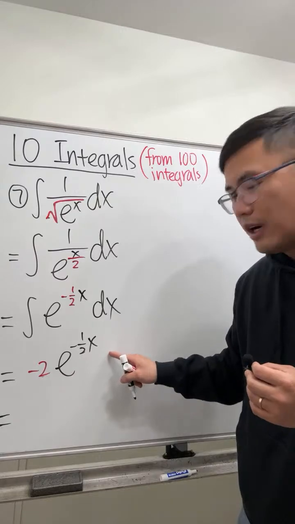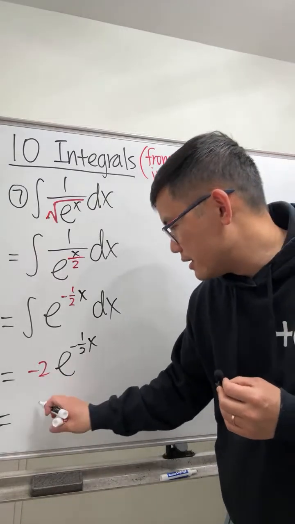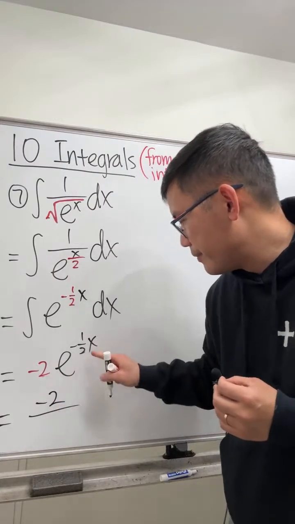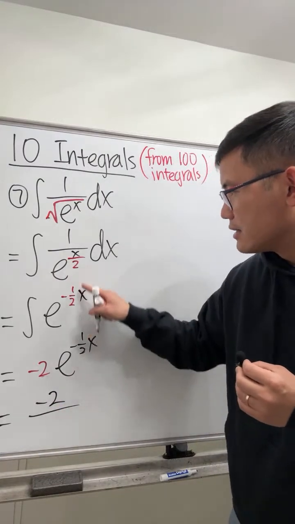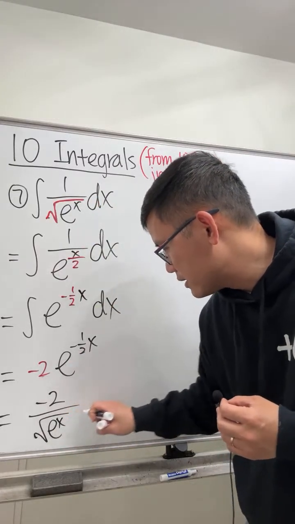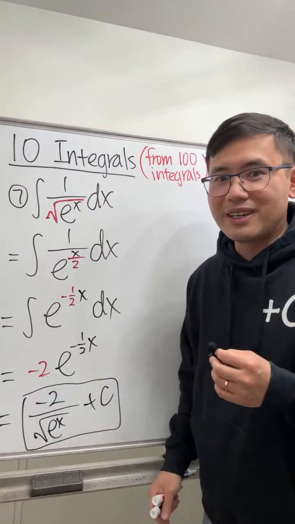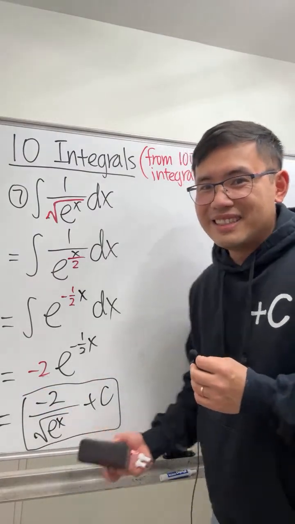And some people will say you have to put on plus c, but I usually just put on plus c at the very end. Here is negative 2 over this. It's the same as that. It's the same as this, which is the same as the square root of e to the x plus c. Yeah, so I finished this one for you guys. All right, so just like that.